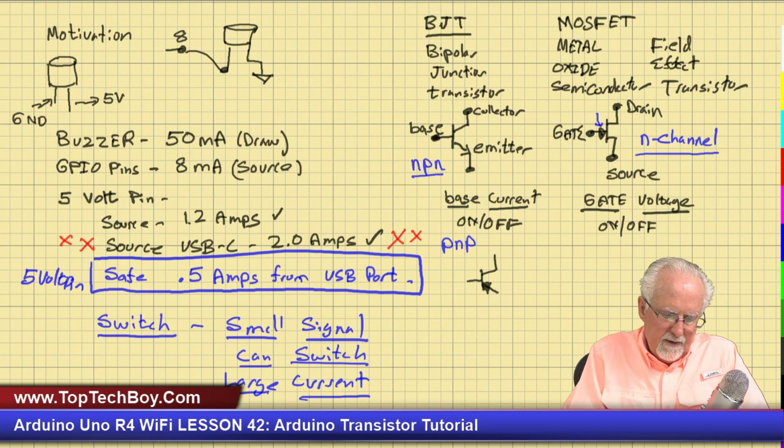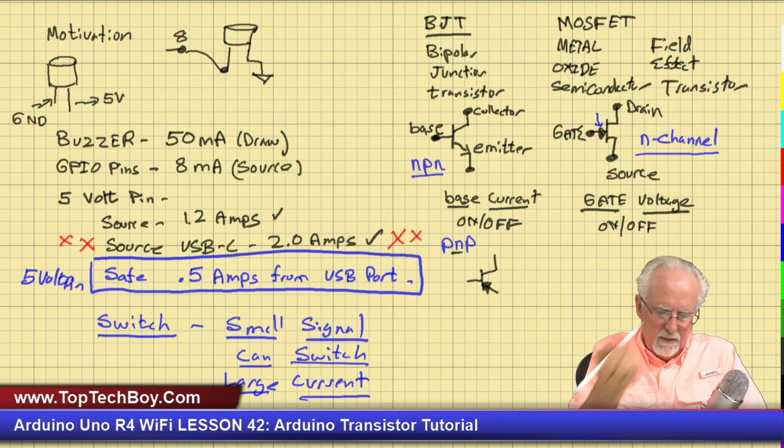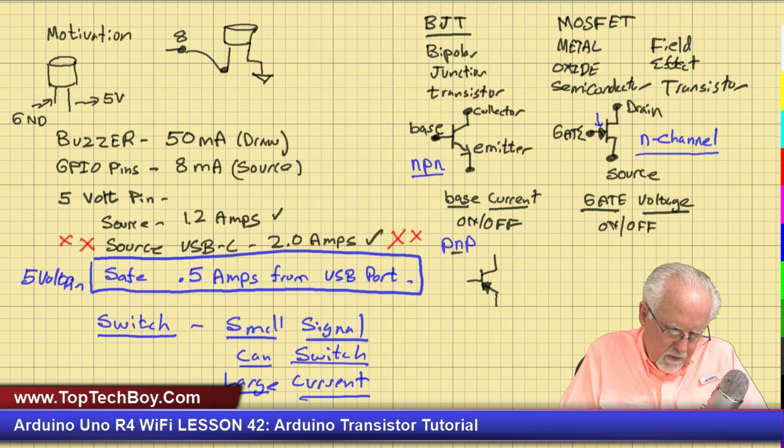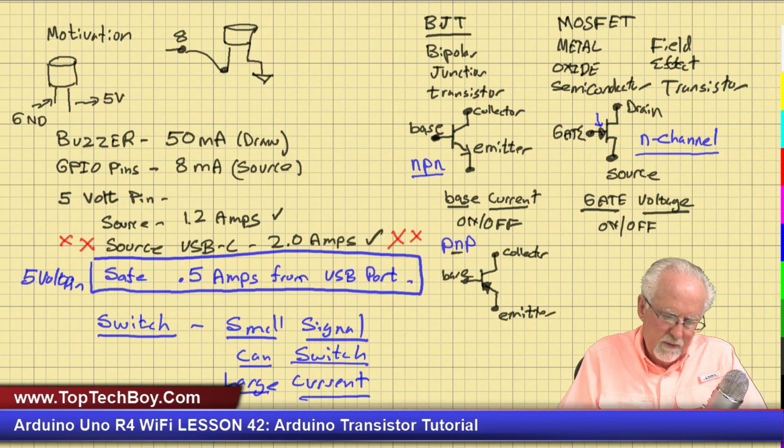Okay, and again, I look at this, the N is pointed in, so PNP, it's pointing in, and the NPN, it's pointed out. And again, just like before, this is still the collector, this is still the emitter, and this is still the base, like that. Now this is the PNP.